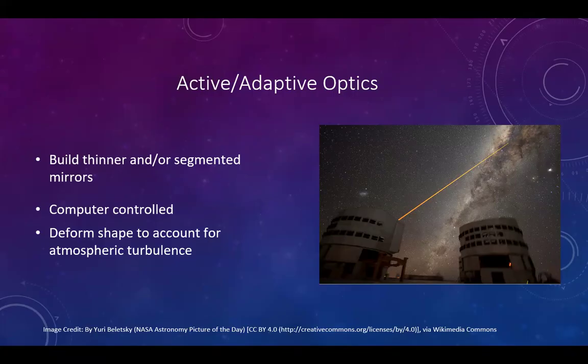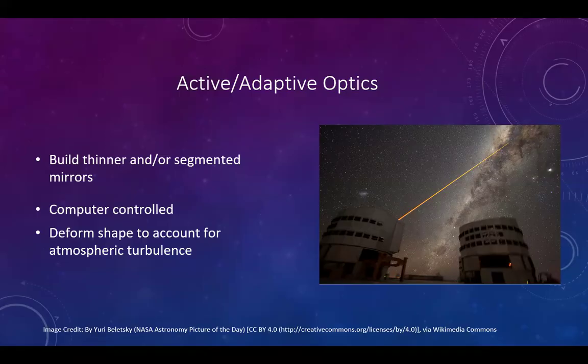And then there are motors behind these mirrors that can either change which direction they're pointing or bend them, or both. These are computer controlled, and they can deform their shape to account for atmospheric turbulence.